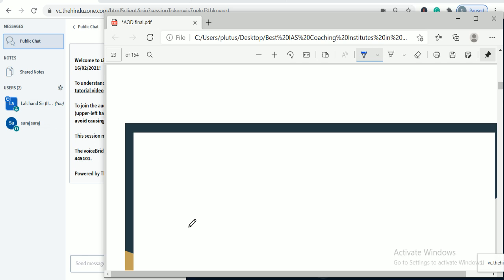So let us try to solve some questions based on Lagrange's mean value theorem. The question is that f(x) equal to 8x square minus 7x plus 6, on the interval x belongs to [-6, 6].